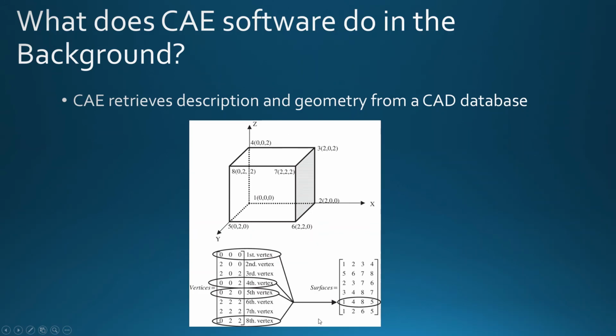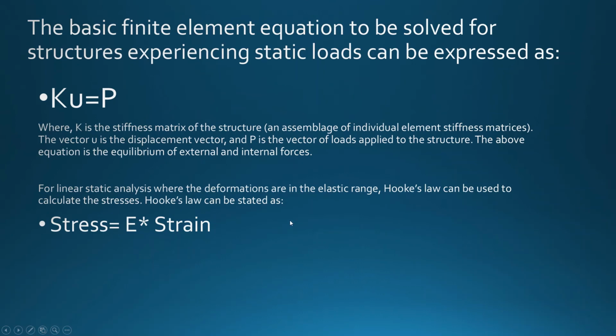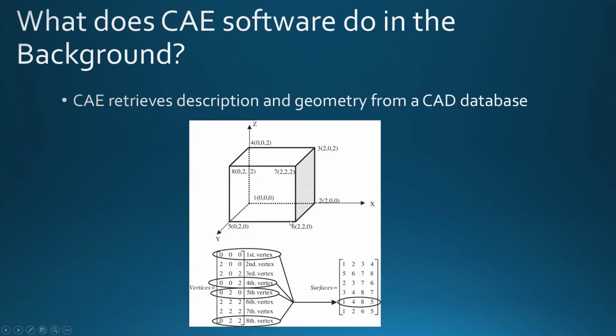But what the software understands is this: the representation of this cube is nothing but different coordinate points on different axes, and this is what the software understands. So in the CAE software, this is considered as the stiffness matrix. The software is going to perform operations on this to find out the displacement, stress, and strain, that is the corresponding values.